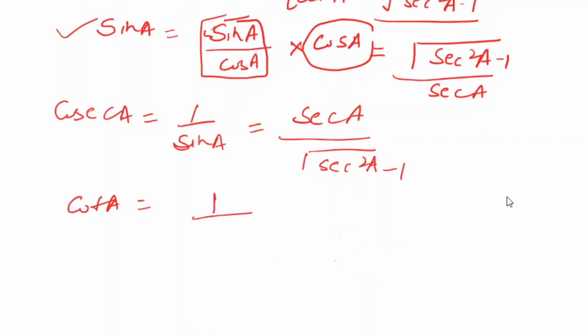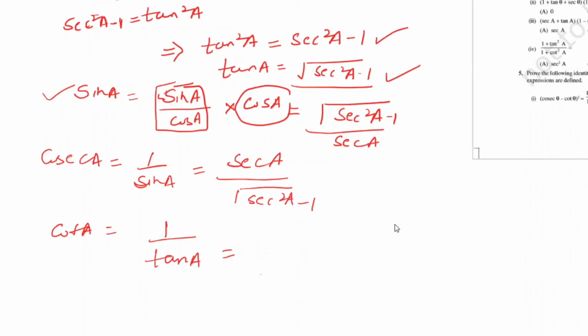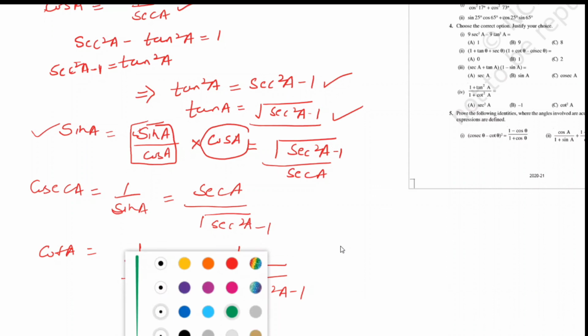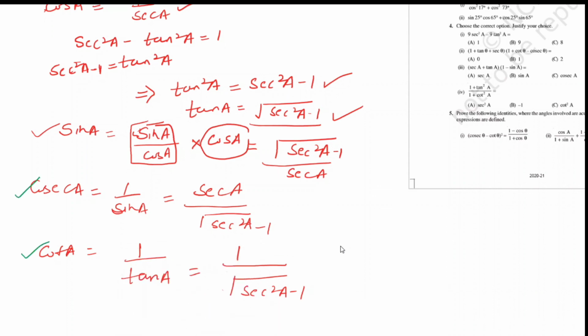So we can write this as 1 upon tan A, and tan A you have already found in terms of this. So this can be written as 1 upon root sec square A minus 1. So this way you can see we have written all the expressions in terms of sec A: cot A, cosecant A, sin A, cos A, and tan A. So I hope you have understood this question number 2.